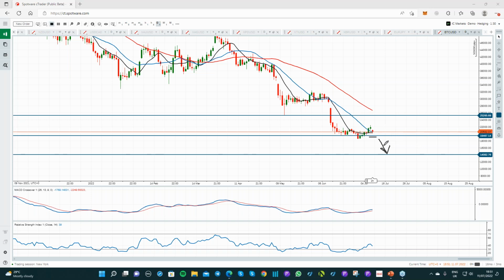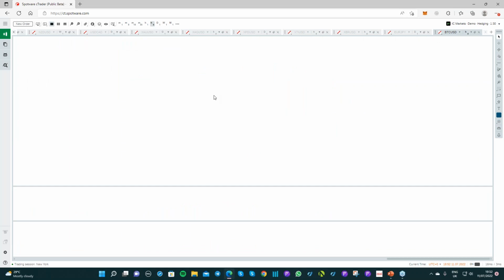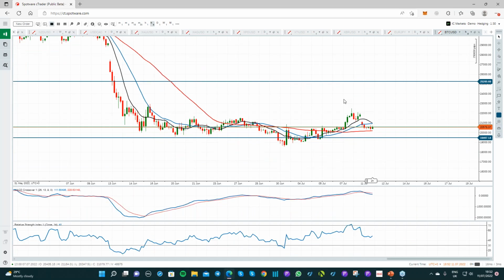So what I will be doing is, as soon as price does break through this level, that's when I will go to my lower time frames. Let's go to a lower time frame here, so maybe the 4 hourly. If price breaks down below this level, then I'll look to the 4 hourly time frame and look for some kind of pullback.